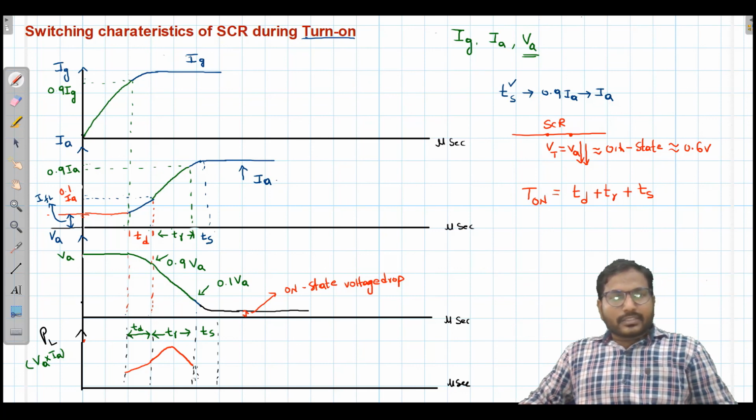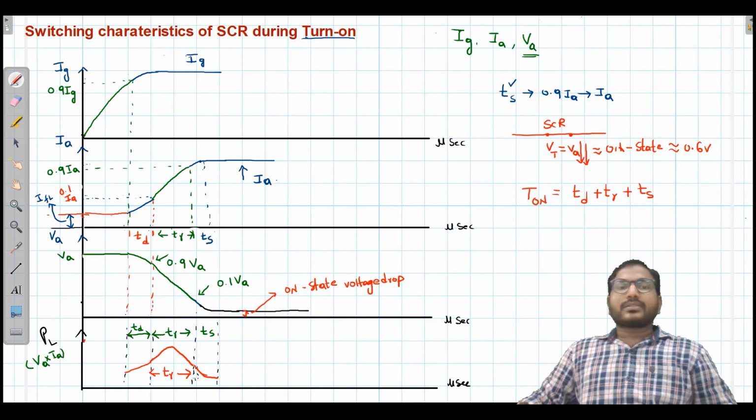And coming to the spreading time, even though IA is more, the anode voltage appearing across the SCR is less, that's why losses will be less. So during rising time, the power losses across the SCR are more. Okay, this is about the behavior of the SCR during turn on process.